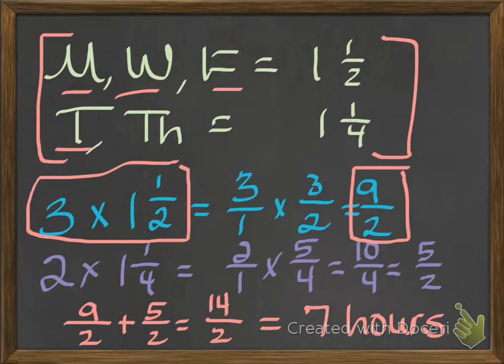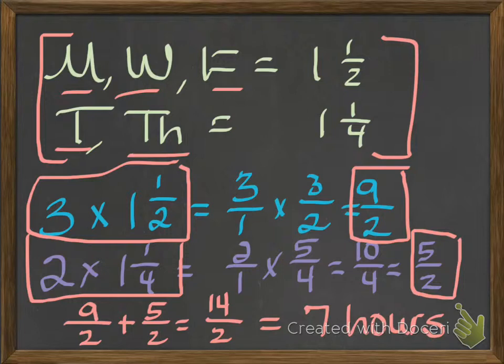Then I multiplied Tuesday and Thursday times 1 1/4. Those are 2 days, so I multiplied 2 times 1 1/4, and I ended up, after I simplified, with 5 halves. Then on the bottom you can see where I added 9 halves plus 5 halves equals 14 halves, and that's just fancy division for 14 divided by 2, and that equals 7 hours total. So in 1 week you would have 7 hours.